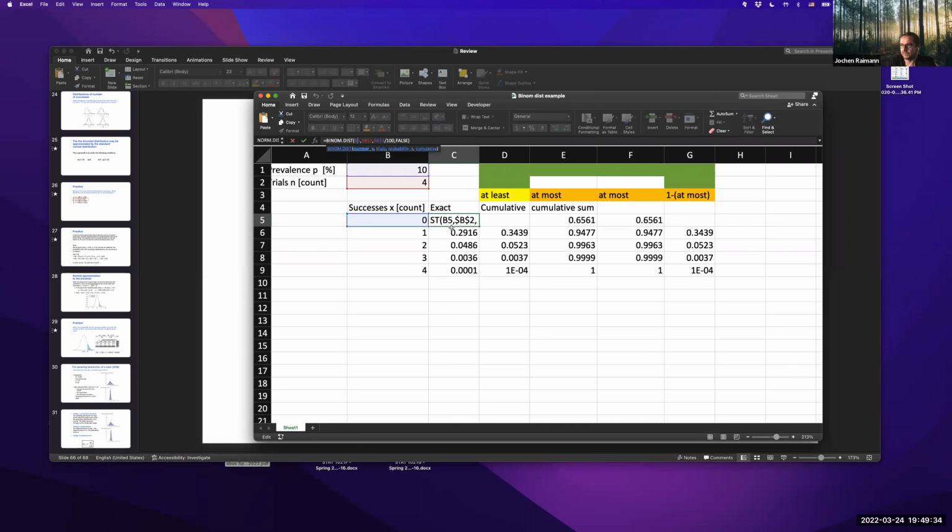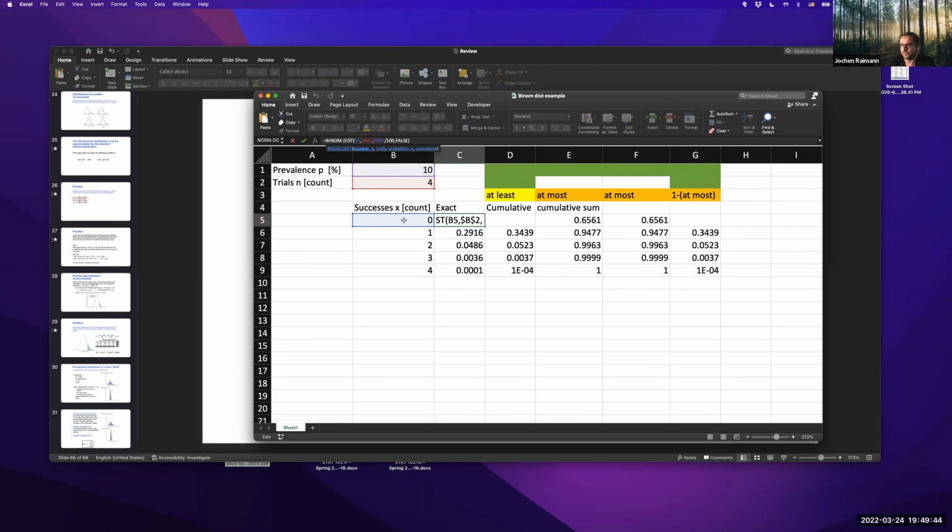So you essentially give it a binom dist. You have here a number of successes that you're interested in, which is here our B5. So we're interested in 0 successes. We have B2, which is our trial. So this is the number of trials. Then we have a probability which we're expecting to be 10%.